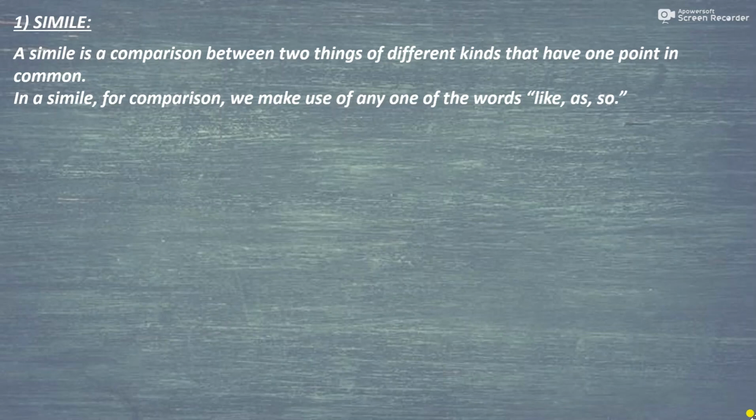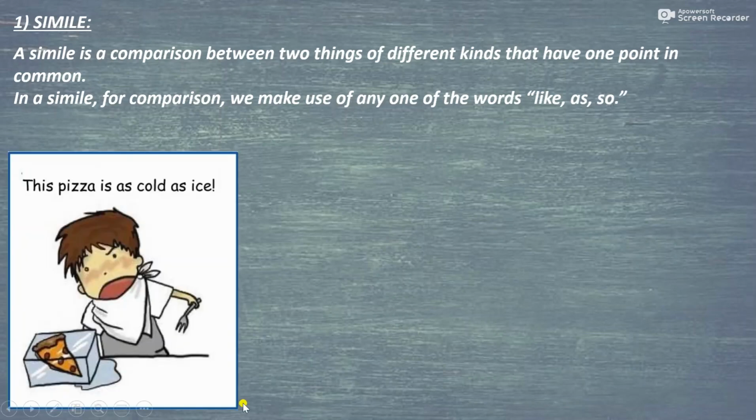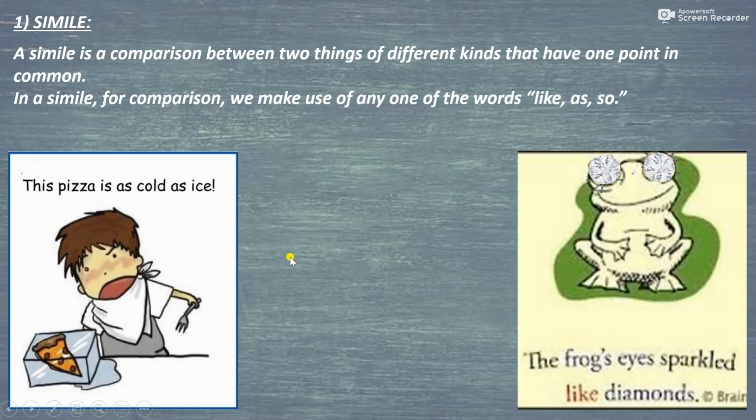So let us see examples to understand simile in a much easier way. The boy says, "This pizza is as cold as ice." In this image and the next one, the frog's eyes sparkled like diamonds.